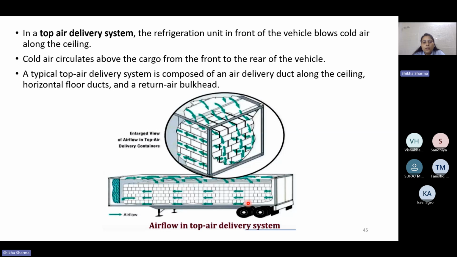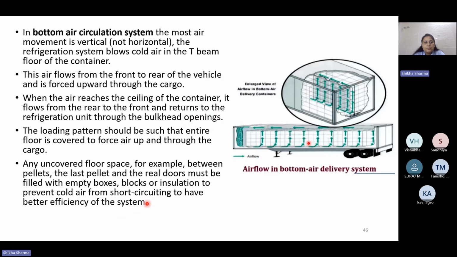This figure shows that the air comes from ceiling to down. That's why it is the top air delivery system. Whereas in the bottom air circulation system, it goes from bottom to top. So the main air movement is vertical, not horizontal. The refrigeration system blows cold air in the T-bed floor of the container.